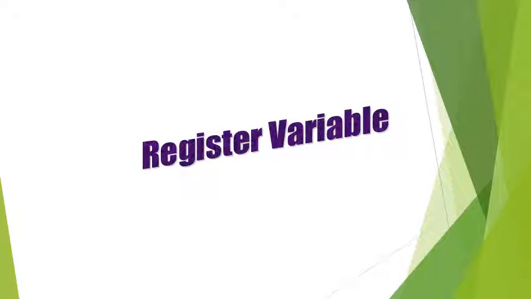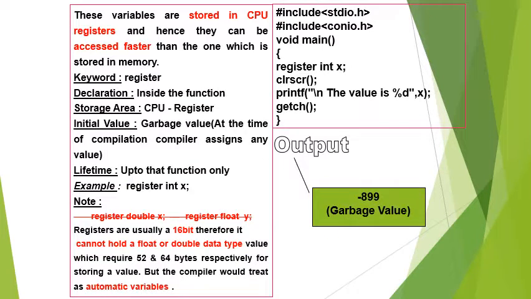Now we can see what a register variable is. What do you mean by a register variable? Register variables are stored in CPU registers. We have already told that all other variables are stored in memory, and auto variables are stored in the stack. So a register variable is stored in CPU registers.